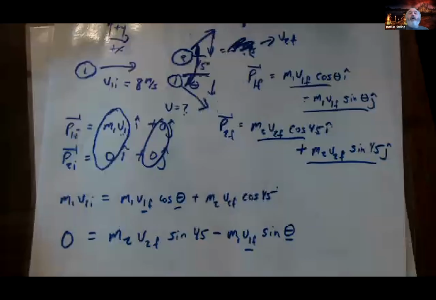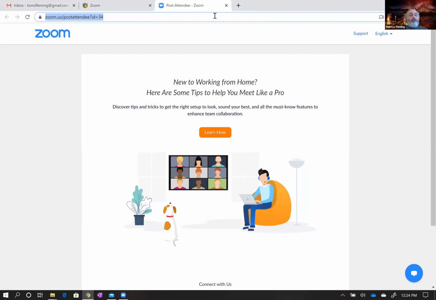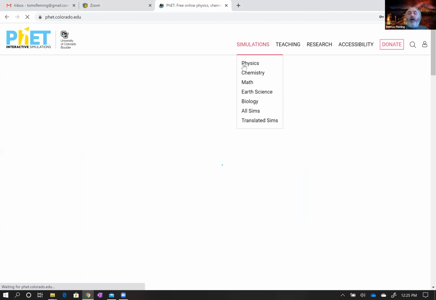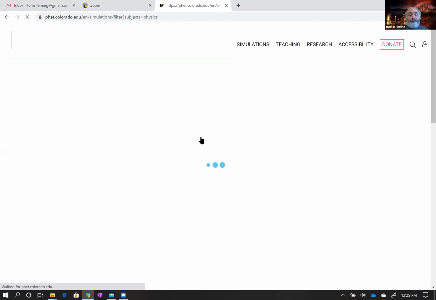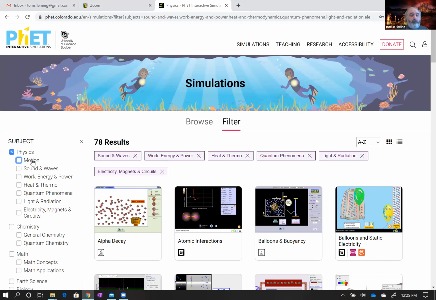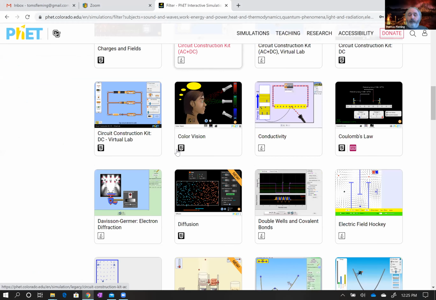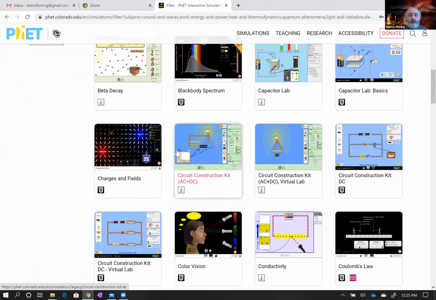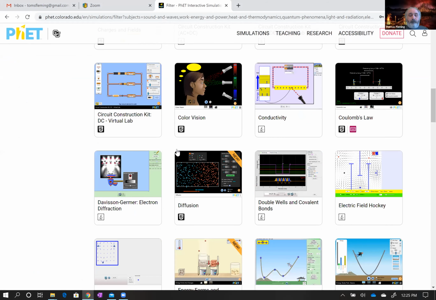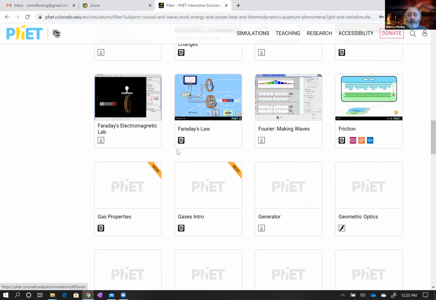I'm going to show you guys something pretty cool. It's a little momentum simulation, which may or may not be something we do on Friday. I forget whether it's under M for momentum or C for collision.